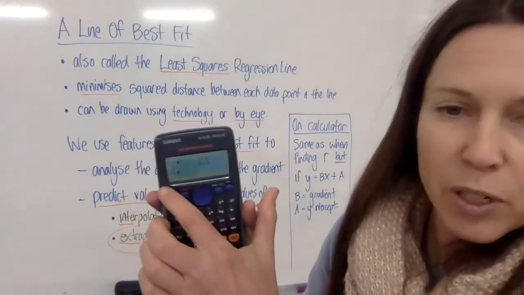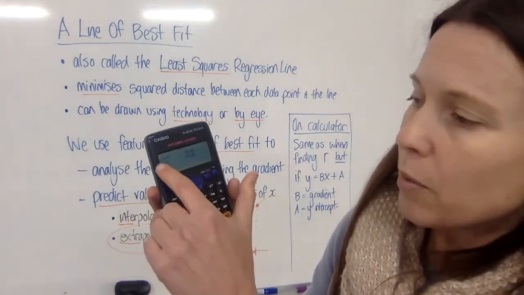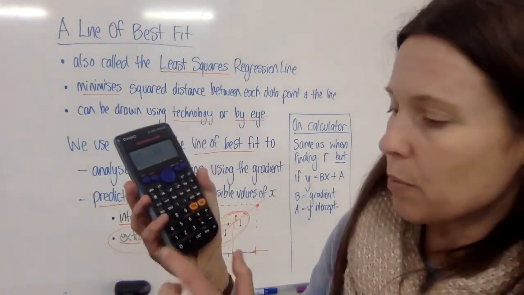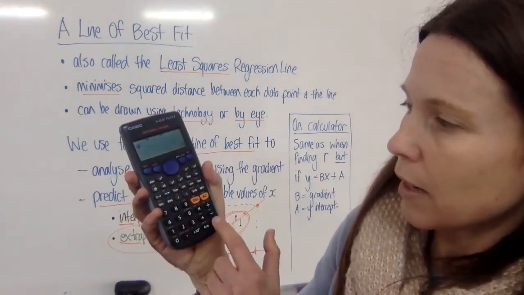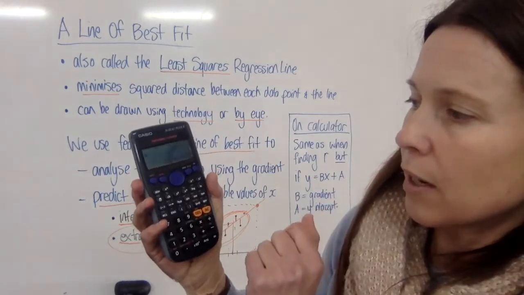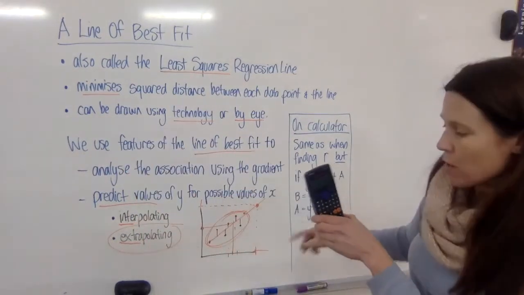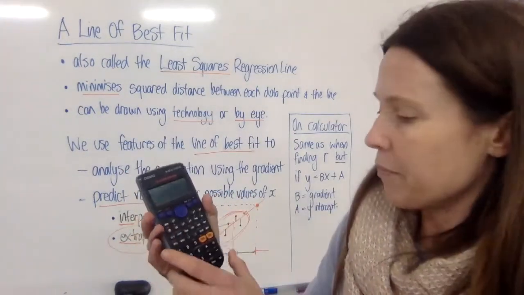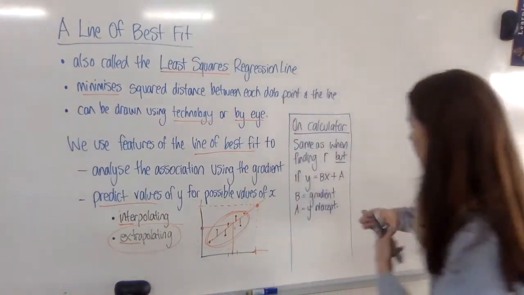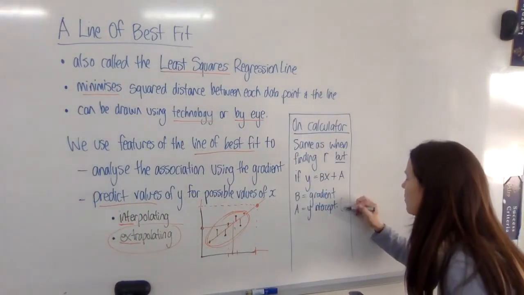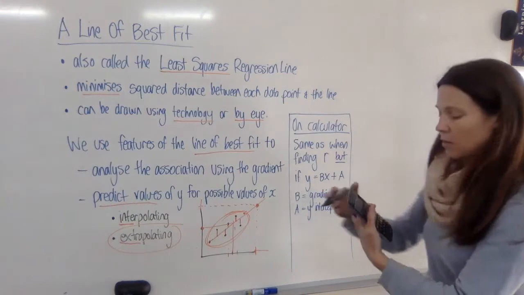Now this time, we don't want 3, which is R, we want 1, which is A, and 2, which is B. So literally press 1 equals, and it'll tell you that A, in this case, or our y-intercept is minus 39. Let's jot that down. This is minus 39 or so, rounding it off.